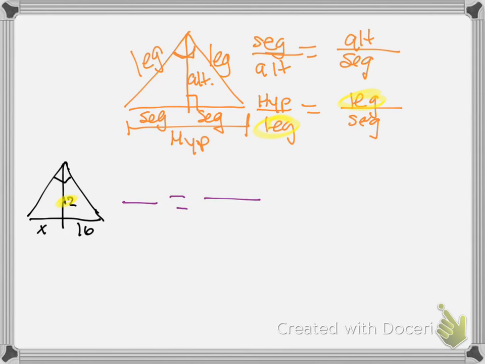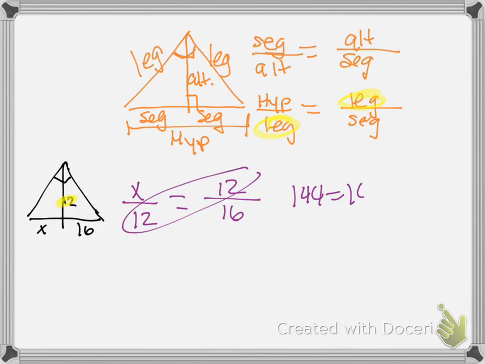The altitude is 12, and it's going to go on bottom and on top. It is the geometric mean between the two segments, so X and 16. Cross multiply: 144 equals 16x. Divide by 16. You get 9.